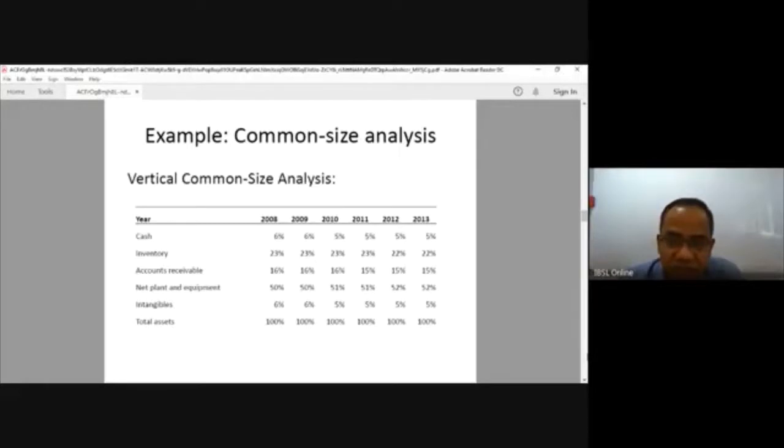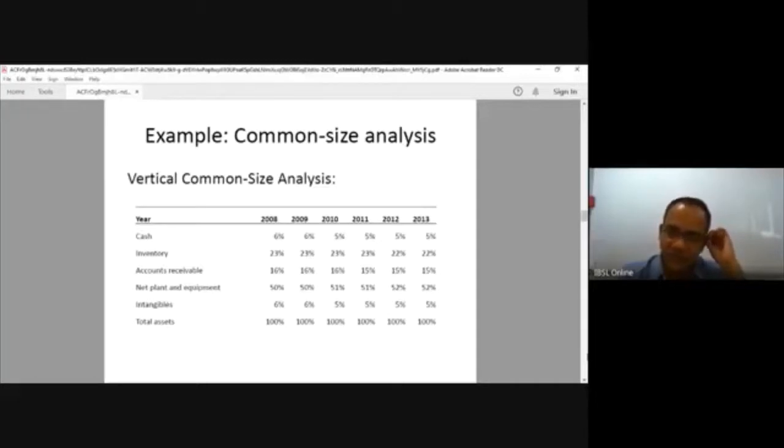So if you can see the reduction in your cash, reduction in your inventory, the effect of plant and equipment has increased, right? So they reduced by percentage, here it is increased.